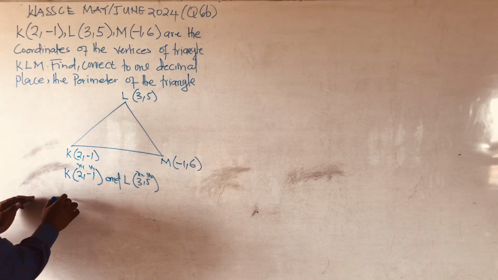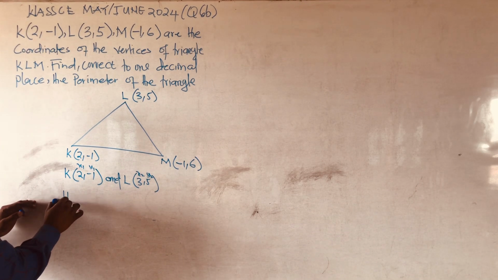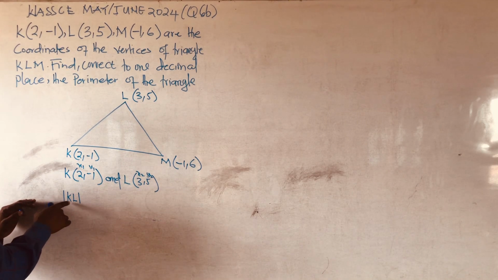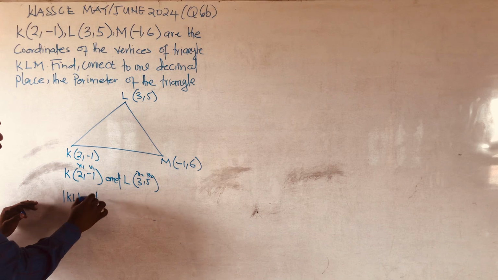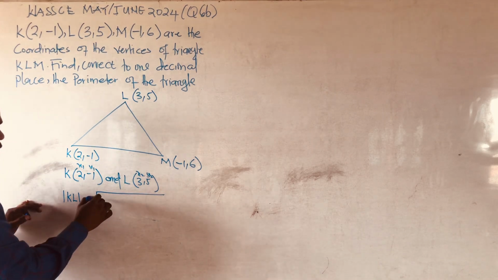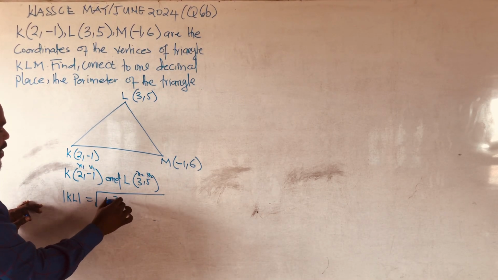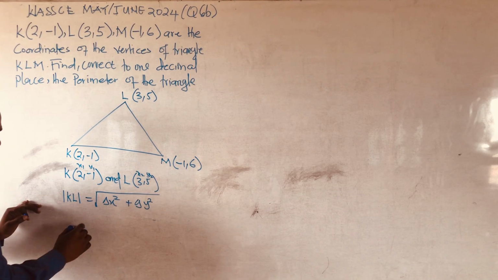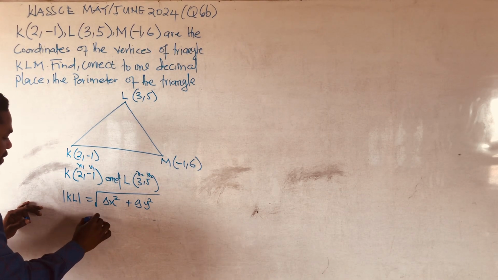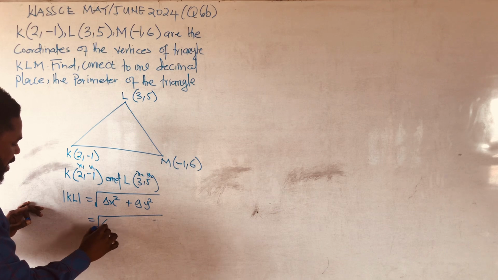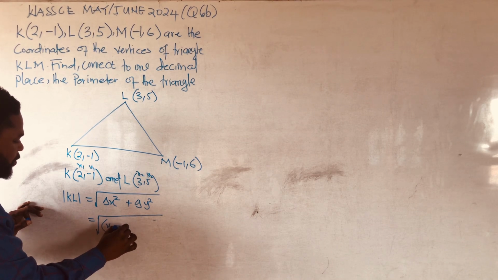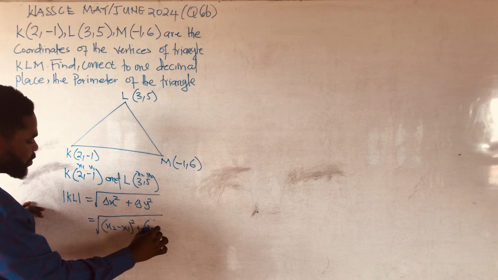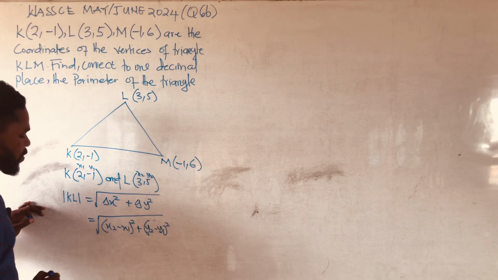After that, we state our formula: the magnitude of line KL is equal to the square root of change in x squared plus change in y squared, where we can break it down as (x2 minus x1) all squared plus (y2 minus y1) all squared.